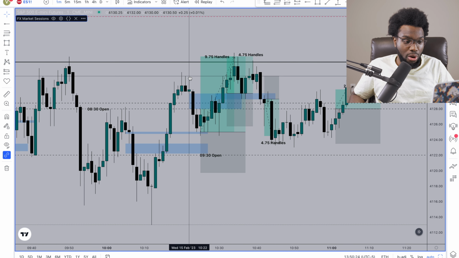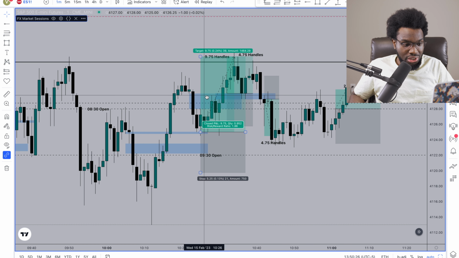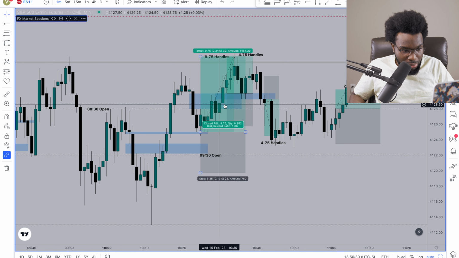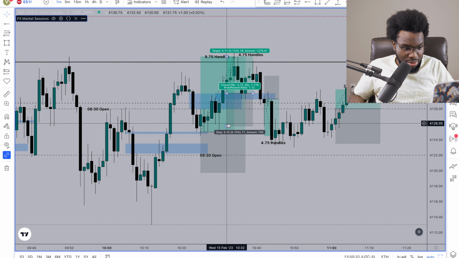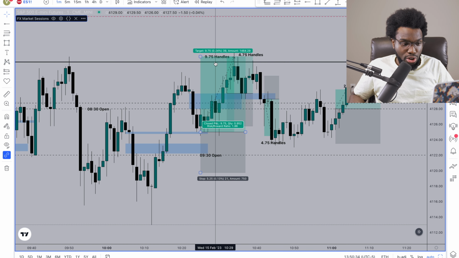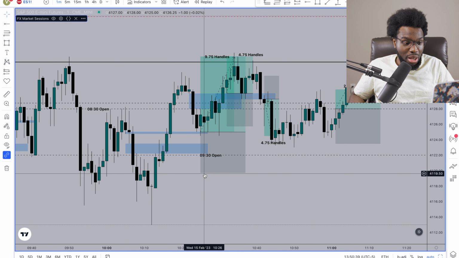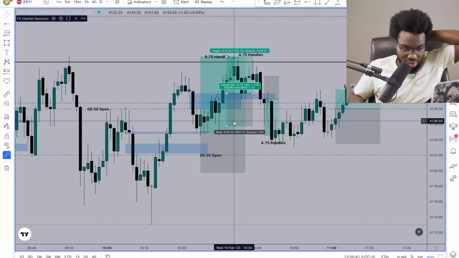But before it got all up there was a little market structure shift here, and I saw this gap also. I got in, had my stop here, and at this point I was risk free, because my stop would have been at break even already.